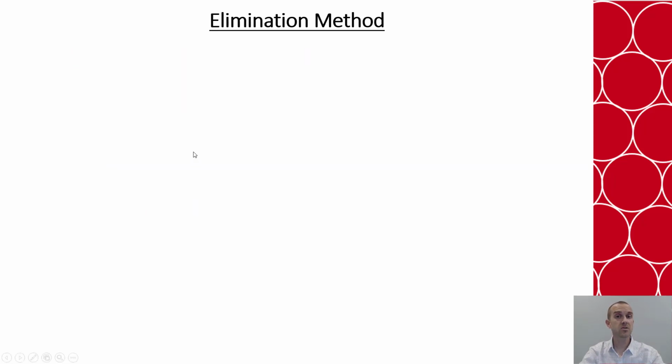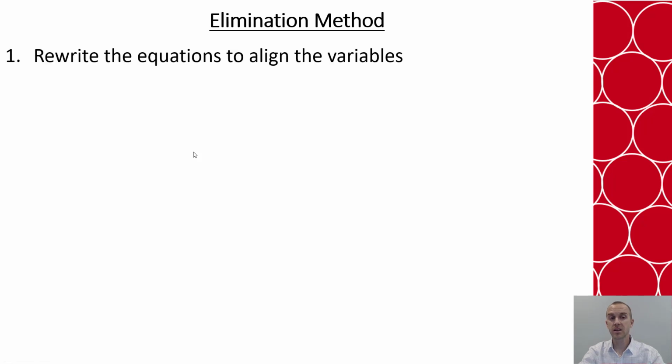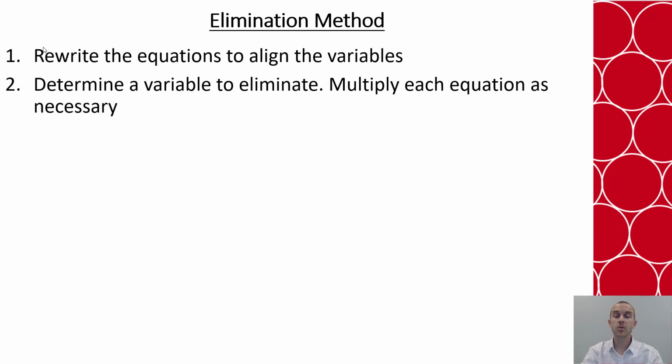Now we can finally use elimination. With the elimination method, we first need to make sure that our variables are aligned with one another, so that if it's x and y's, the x's are aligned and the y's are aligned. Then we determine which variable we'd like to eliminate. We eliminate the easiest variable, and we're going to multiply each equation as may be needed so that we can eliminate.